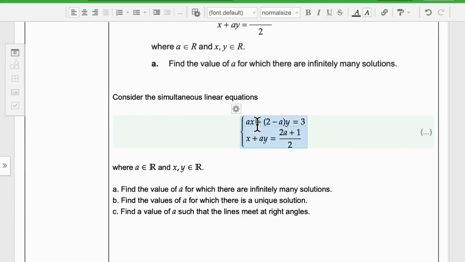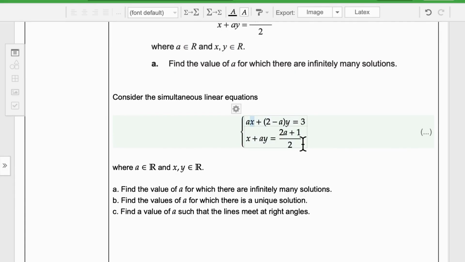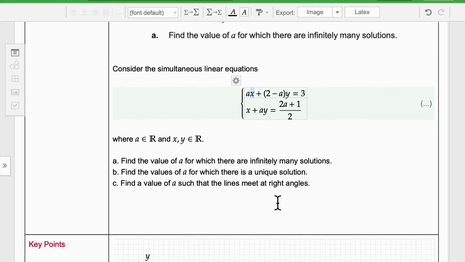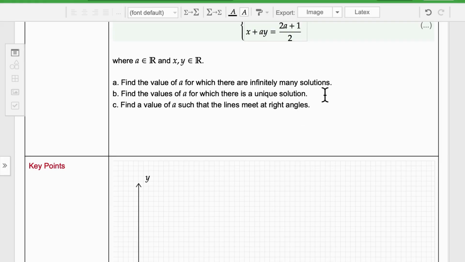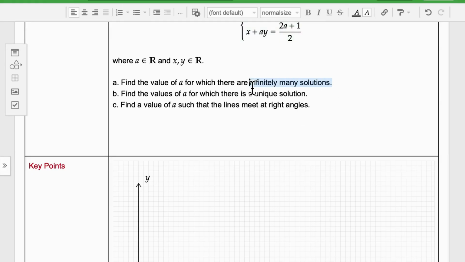Because each of these two equations are linear equations, we can turn them into the form of y equal to mx plus c. And here we need to understand one key point: infinitely many solutions, what does it mean graphically?